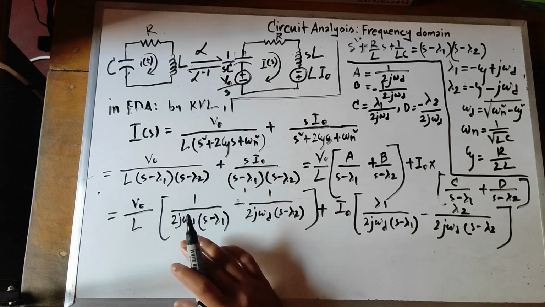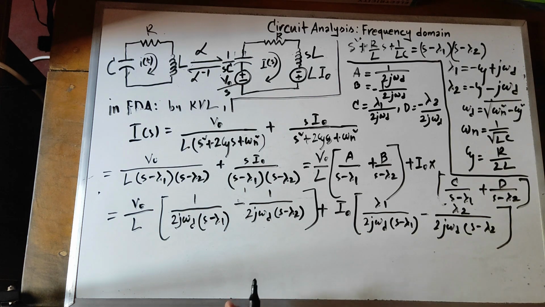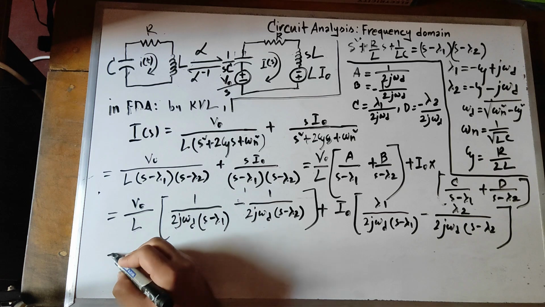Here in all the terms 2 j omega d is common, so I'm going to take the common factor out.